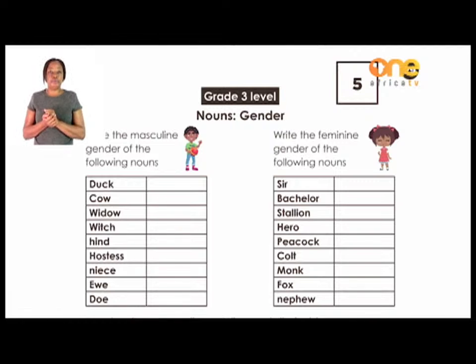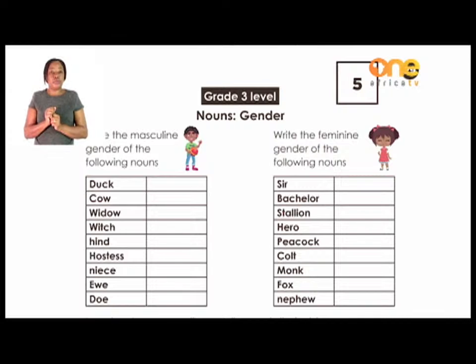Okay. So we are given two tables there with two columns. The first table there, we are given the side of the masculine gender, and we have to find the feminine gender. All right. Okay, now let's try and find the answers.